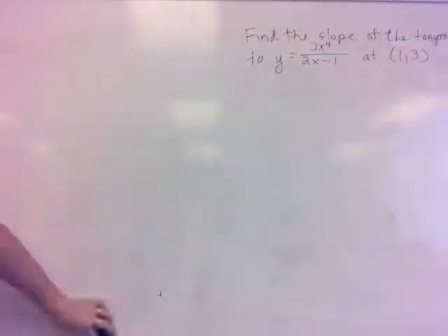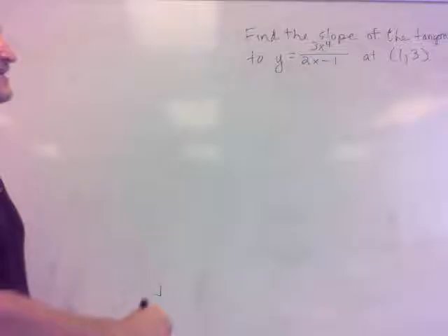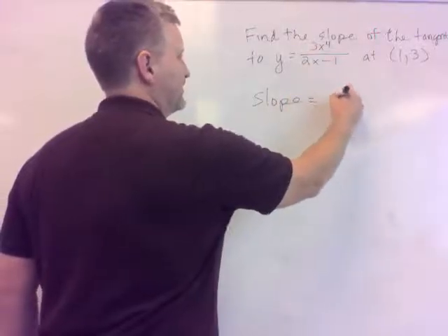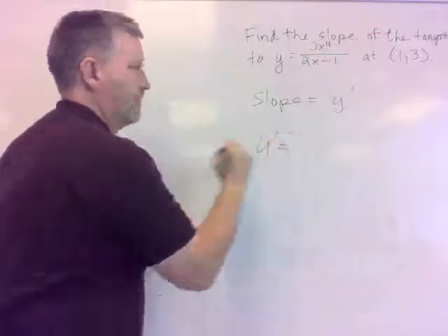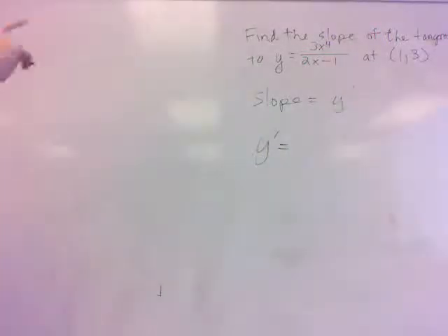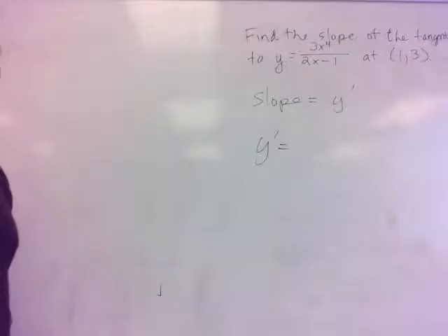Same way, right? The slope of the tangent is equal to the derivative. So I need to find my derivative. How am I going to find the derivative of that? Well, we talked about the product rule and the quotient rule. Those don't go away just because we're not talking about them anymore. They come up a lot.